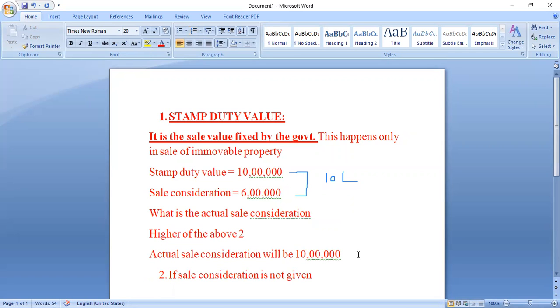You have to consider the fair market value as the sale consideration in the problem. This is the second important point. If the sale value is not given, you have to take the fair market value as sale consideration. You have to make a note of this.